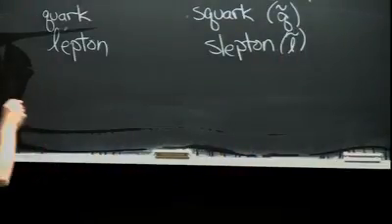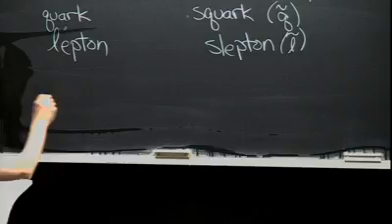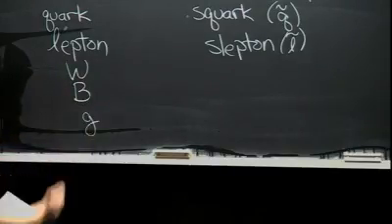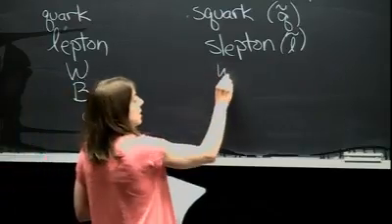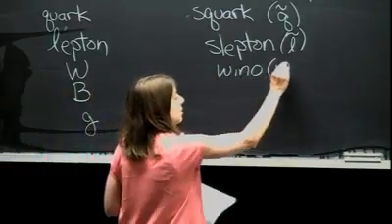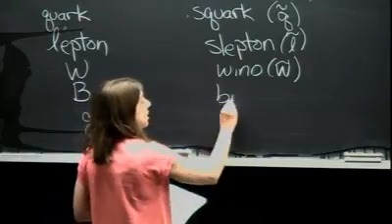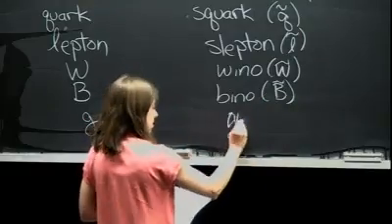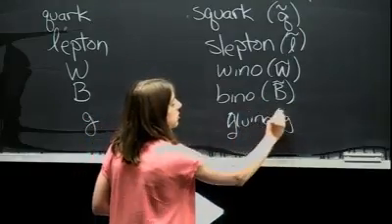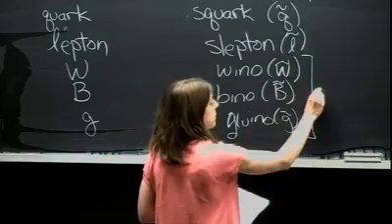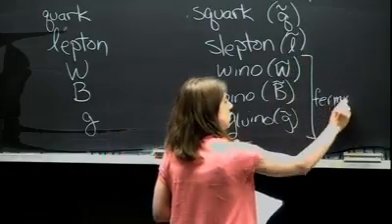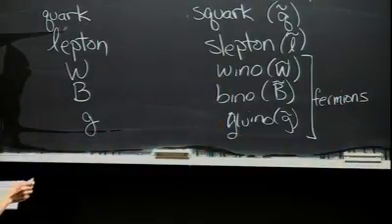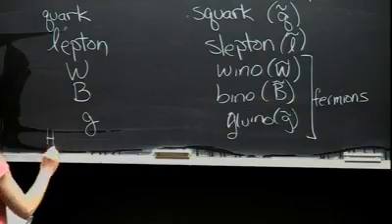All right, then for the bosons, we have the W, the B, and the gluon. Their partners are going to be Wino, Bino, and gluino, all of which are fermions. I ran out of space, but I'm going to squeeze in the Higgs down here.